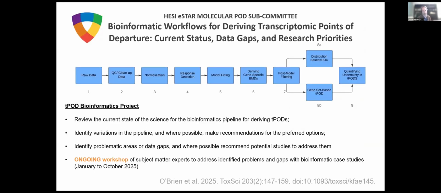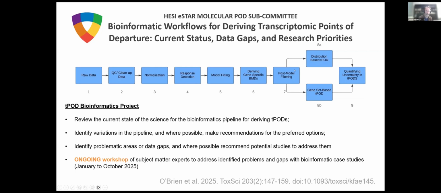And so this is where the HESI eSTAR Committee TPOD group has focused their efforts currently. We just published this paper describing the bioinformatic workflows for deriving TPODs, where we reviewed the current state of the bioinformatics, identified variations in the pipeline, and made recommendations and identified problematic areas.